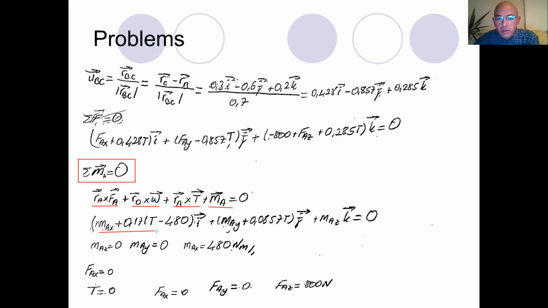0.171 T minus 480 I vector plus MAY plus 0. Just a correction, there is an extra 0 here. Sorry, let me check it. Maybe this is not the case.